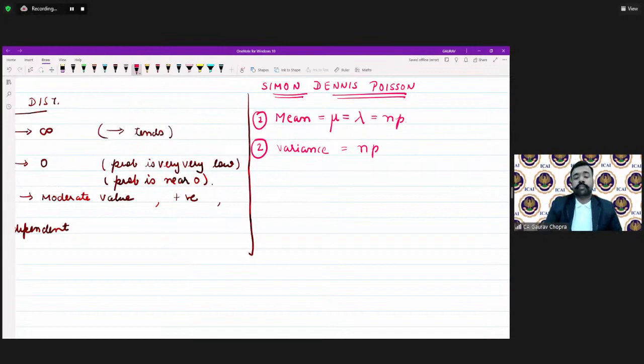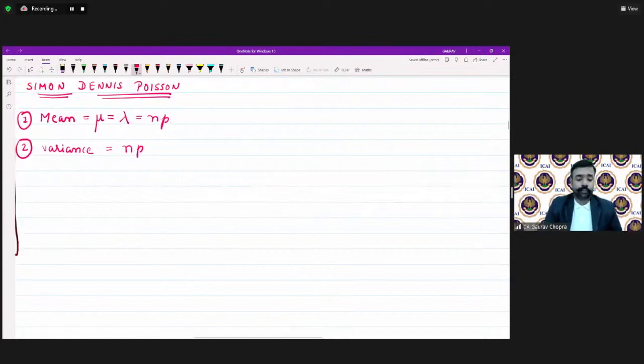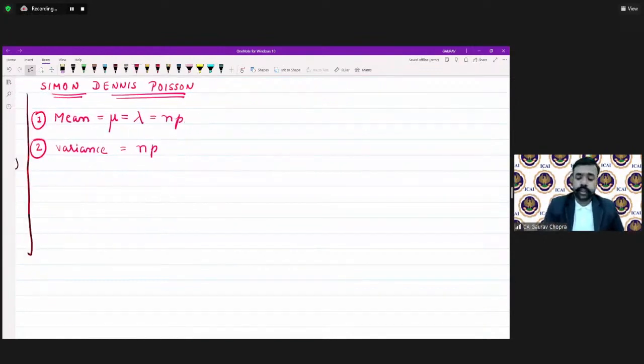Do you know the logic why we don't multiply with q? Because we say that p tends to 0, and we also know that p plus q is equal to 1. Sum of success and failure is equal to 1. So if p tends to 0, this implies q tends to 1.